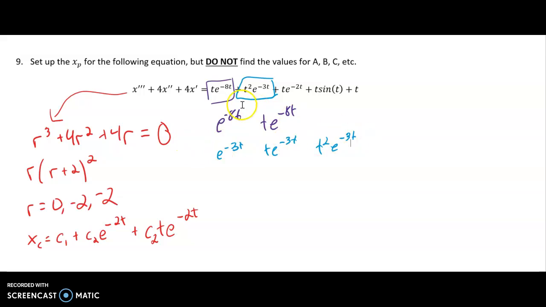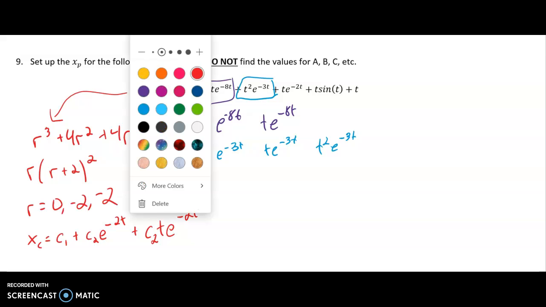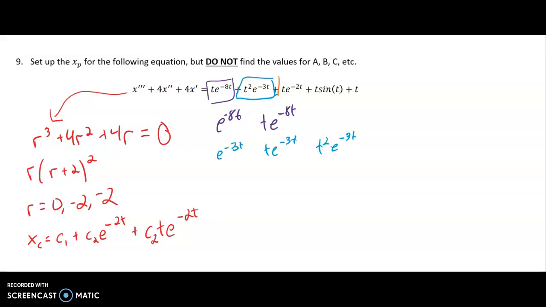So right now I'm just writing out all the derivatives of all of these pieces so that I can then build out the undetermined coefficients with a's and b's and c's, etc. So the next one, do orange. This is one of the ones that has some duplication. If you look at this one, it's very similar to the one I did in purple, the e to the -8t. So what I would like to do is take e to the -2t and t e to the -2t.